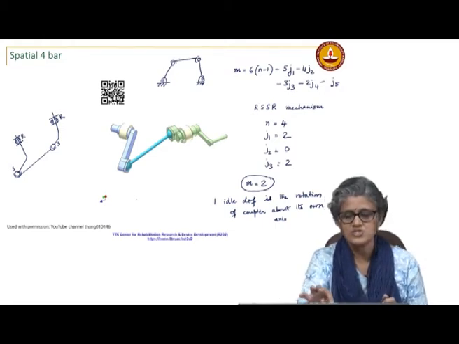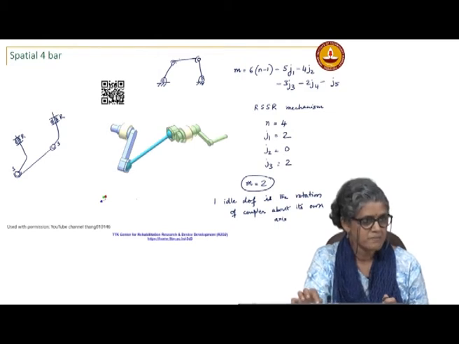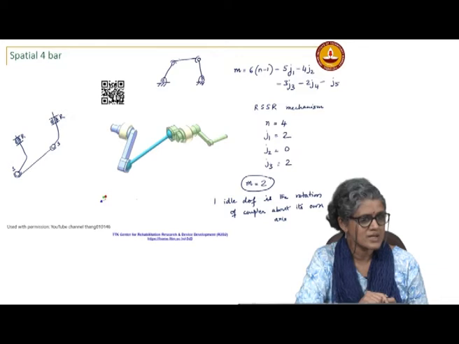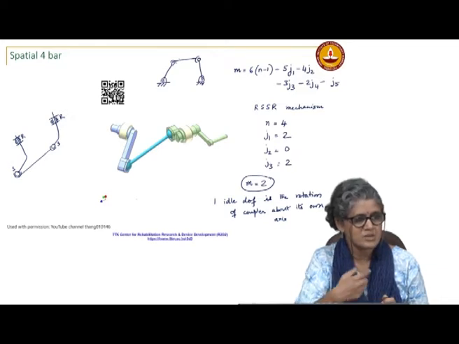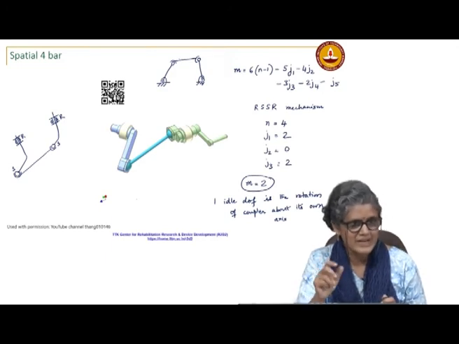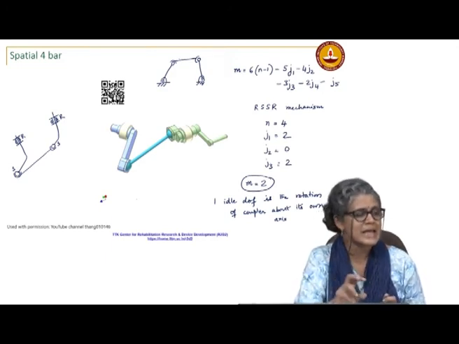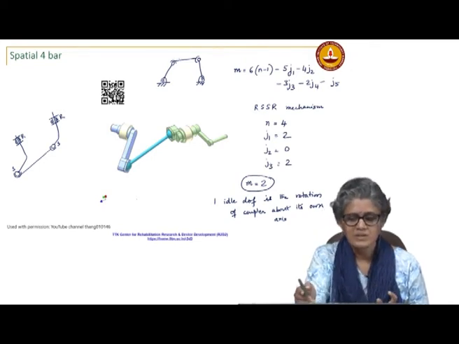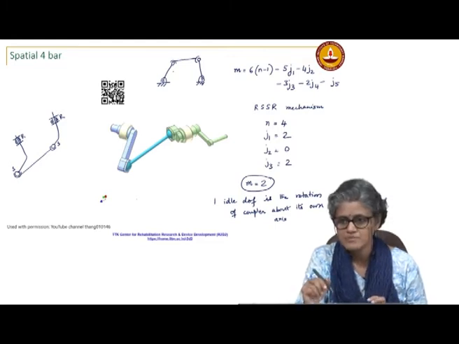So, for instance, your steering mechanism will have this kind of an arrangement. So, they may use, even in planar mechanisms, they introduce these additional ideal degrees of freedom because it can help to handle misalignment. But there is a very specific relationship between input and output.